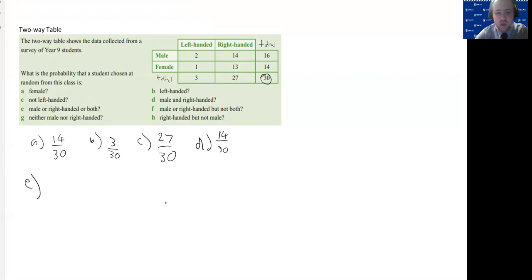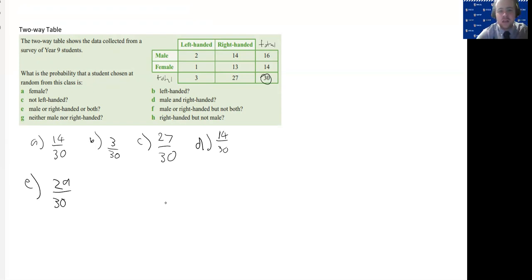So what we need to do is just add the female right-handed category. To fulfill those criteria, you're either male or you're female and right-handed. We don't want to double count the male right-handers. So it's going to be 16 males plus 13 female right-handed people, which will give us 29 out of 30.